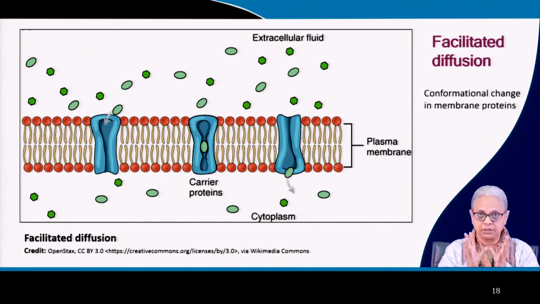So it will open up on the side that the substrate is, and then it will slowly push the substrate into the cell or the cytoplasm. So you have the cytoplasm at the lower end and you have the extracellular fluid on the other side. So these are carrier proteins that are pushing through. It's still based on concentration gradient, and they're pushing through by changing the shape of the protein.